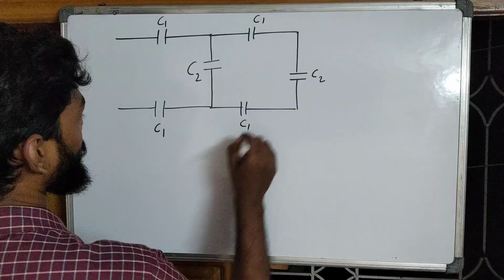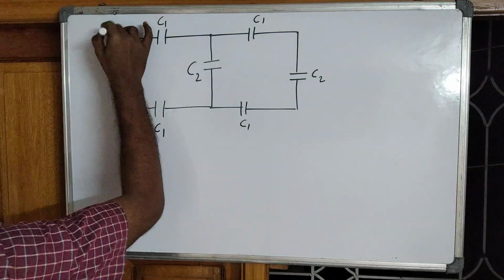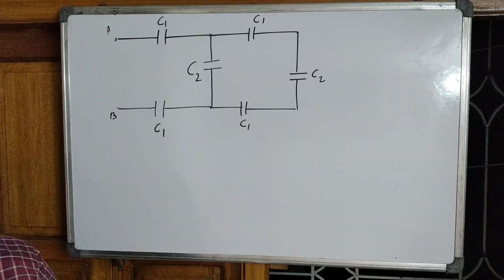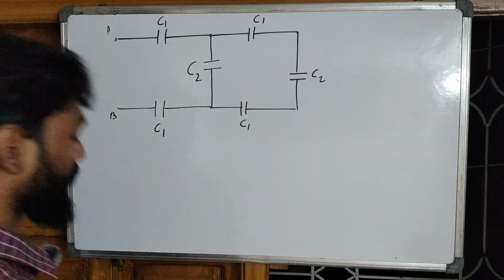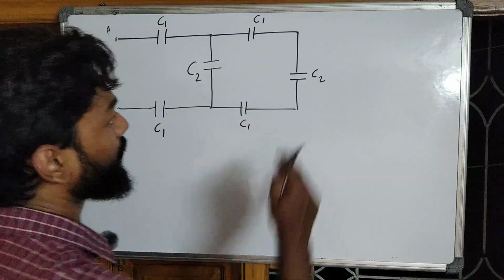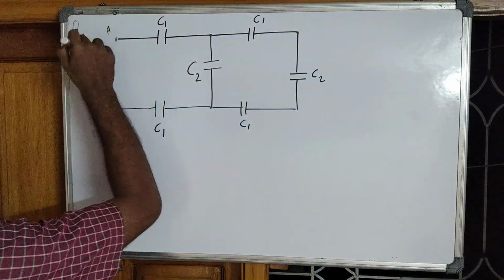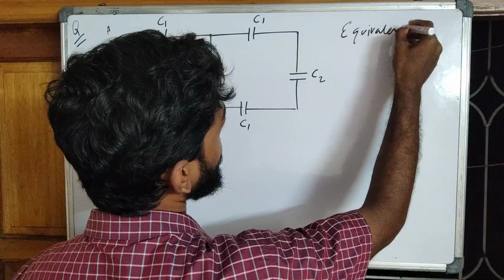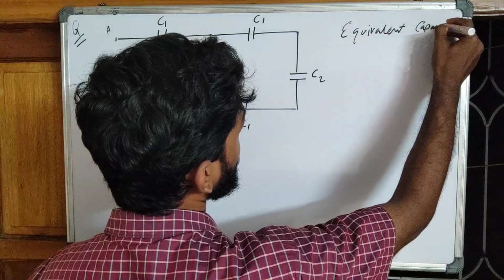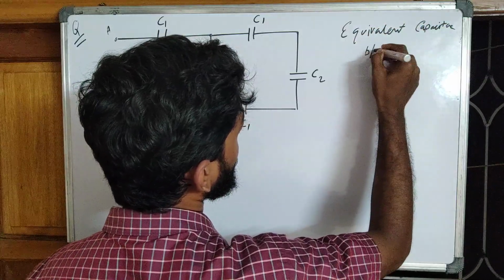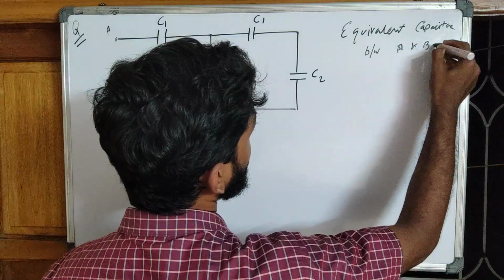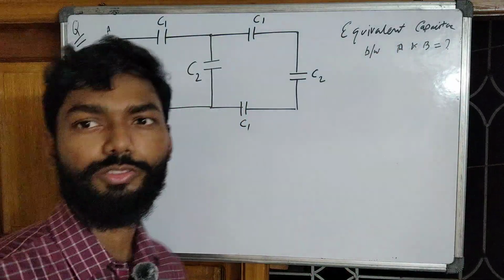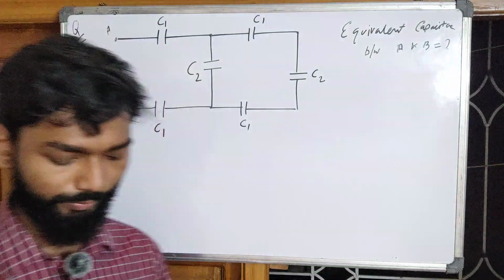Let's suppose this is end A and end B. Find out the equivalent capacitance between the network A and B. The question is: equivalent capacitance between A and B equals how much? You can try this problem after pausing the video.